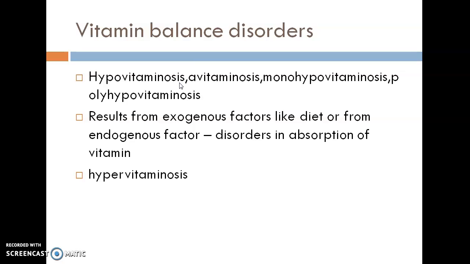Hypovitaminosis results from intrinsic factors and extrinsic factors. The exogenous or extrinsic factors include an unbalanced or vitamin-poor diet and changes in the intestinal bacterial population. This may be due to the intake of antibiotics. Whenever you consume antibiotics, you should take a vitamin supplement because your intestinal flora will change.